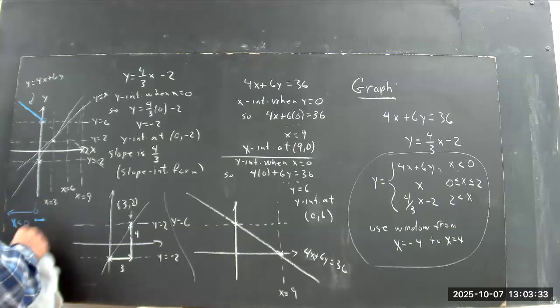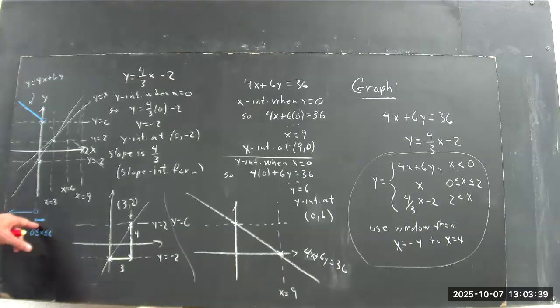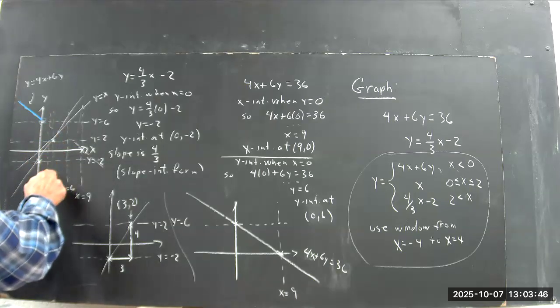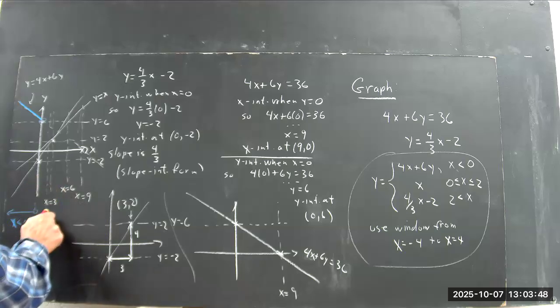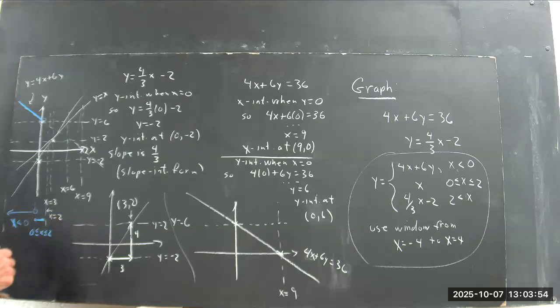zero, is the interval down here. Now that's not part of your graph. We're just indicating that, okay, well, here's the line. X equals 2.